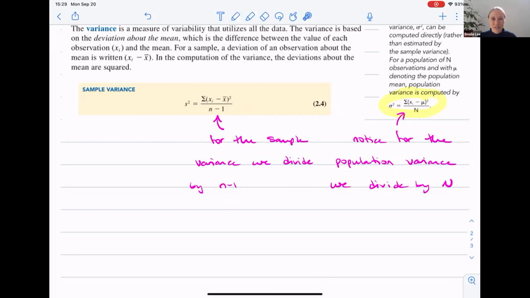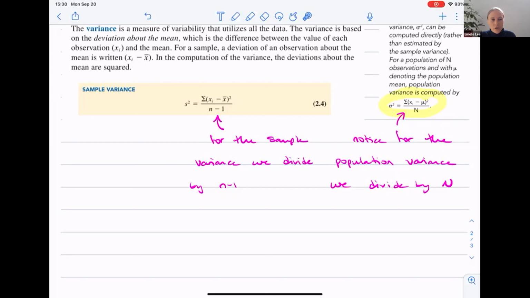That's sneaky. I don't want to do that. But it does happen, and it probably is going to come up in maybe other courses. So just keep an eye out for that. So that's just something to remember. And especially if you're working with Excel, it'll ask you to specify, do you want the sample variance or do you want the population variance? And so that's the reason, because the calculations are different.